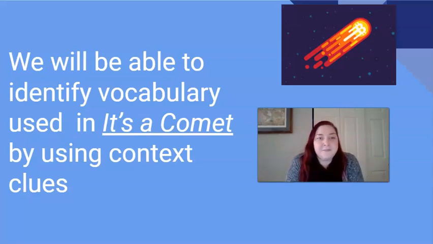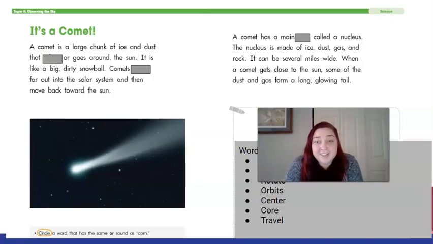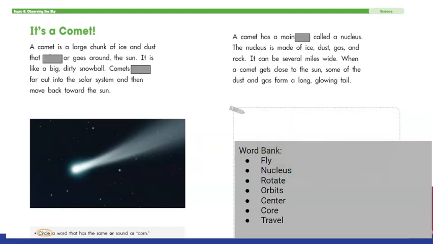Let's get started. All right, as you can see, Miss Kelly has hidden 3 of the words in our story. I have over here a word bank to help give you some guidance if you can't remember the important words in our story. So let's go over our word bank and then I'll read through and you're going to have to guess what was that word that goes in the blank.